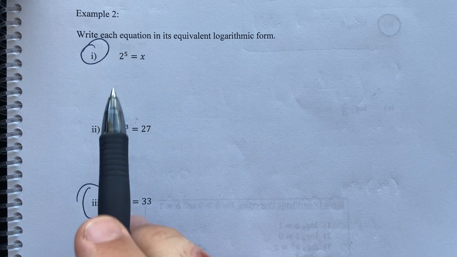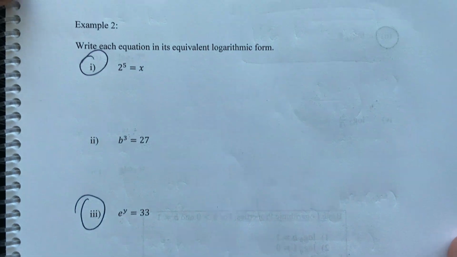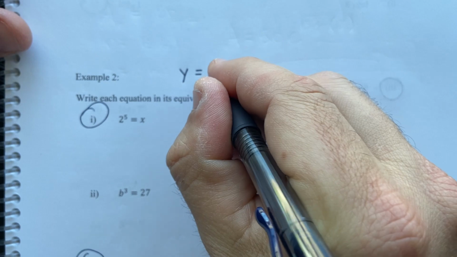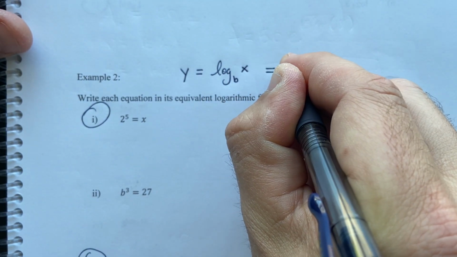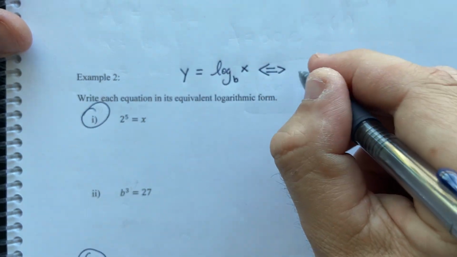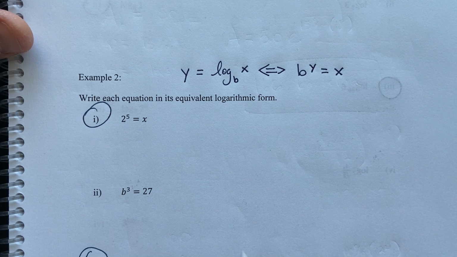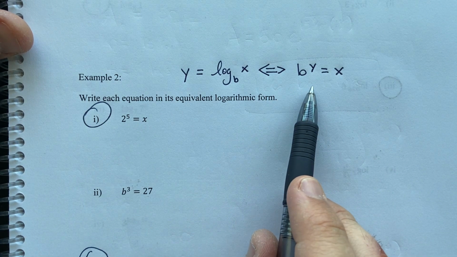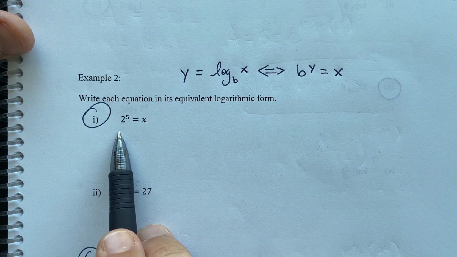So example 2, it says, write each equation in its equivalent logarithmic form. So just going the reverse direction. So just to remind us, we had y equals log base b of x, and that's completely equivalent to b to the y equals x. So if I have this exponential form, in other words, I'm sitting here, I want to now convert to this logarithmic form.